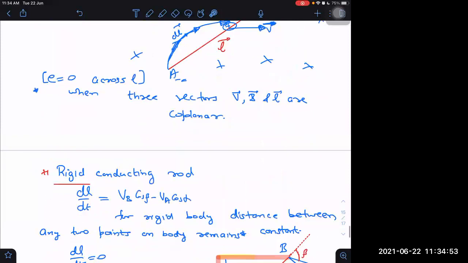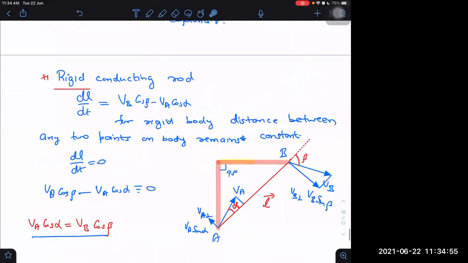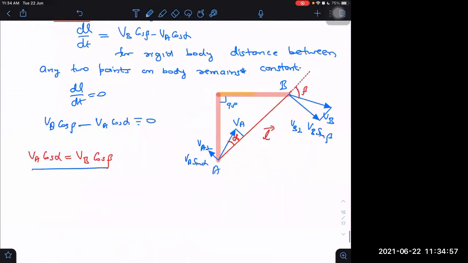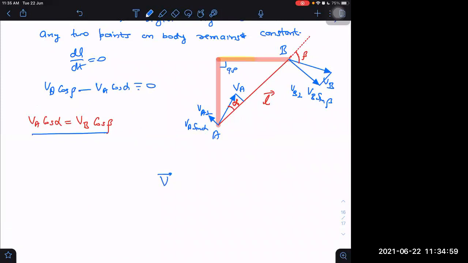Also, come to this now. I want to find EMF. How to find EMF? Integral of V cross B dot DL, right or not? Yes, sir.